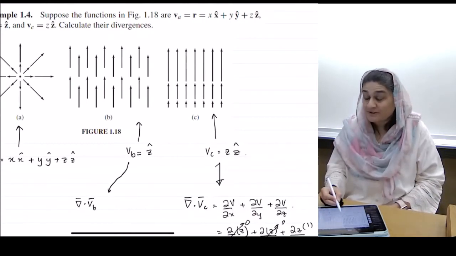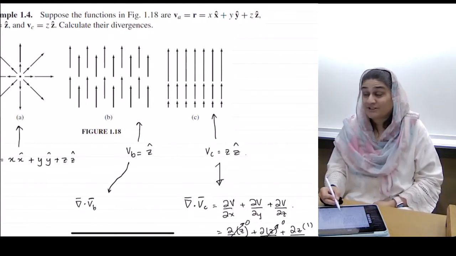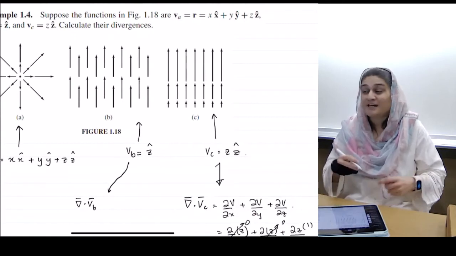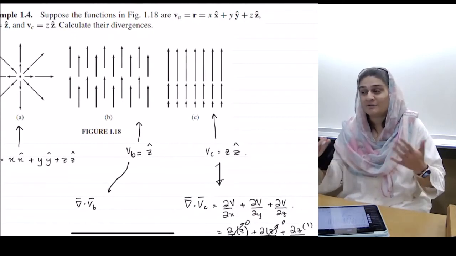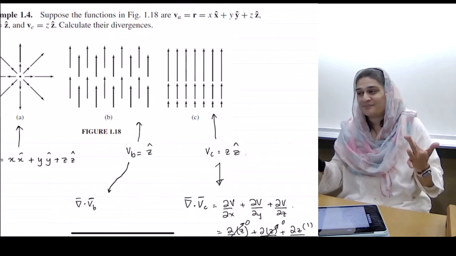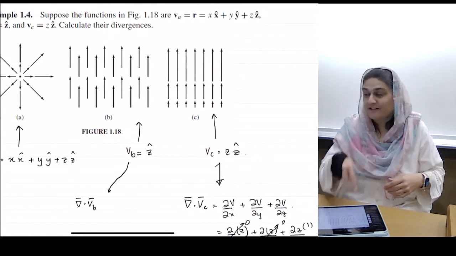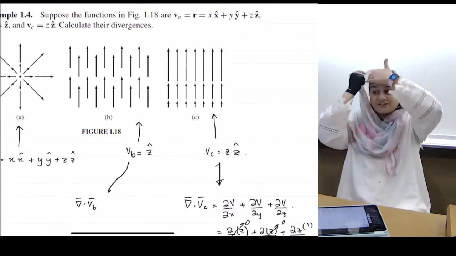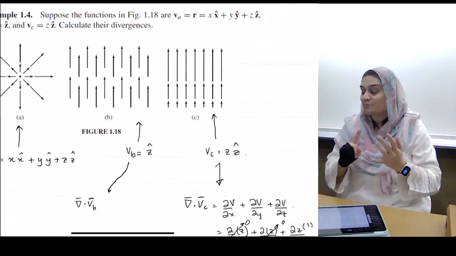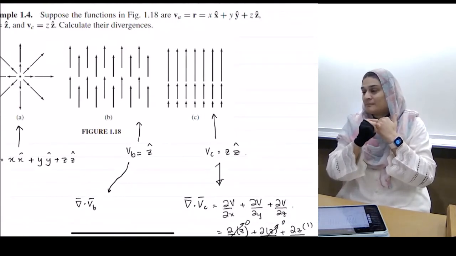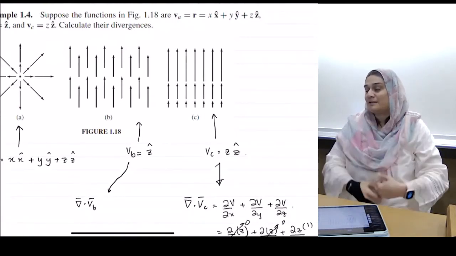And you see there's actually no variable. It's just a z. So if you take partial of 1, what will you get? 0. So that function does not diverge. So the divergence could be in magnitude or it could be in direction.